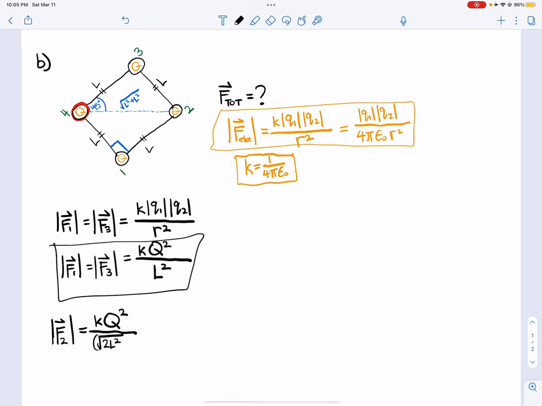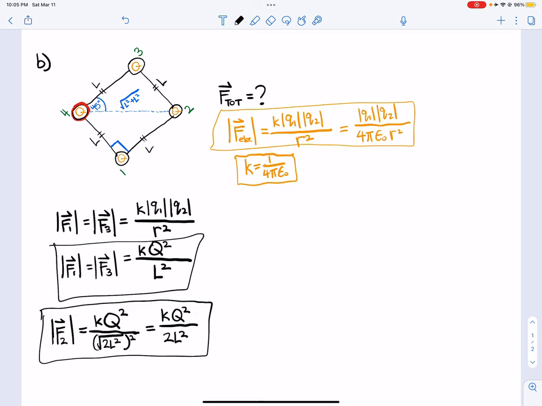And then we square the whole thing, right? Because it's R squared. So the magnitude of force 2 is K times Q squared over 2L squared, okay? So now I know the magnitudes of the forces acting on charge 4.